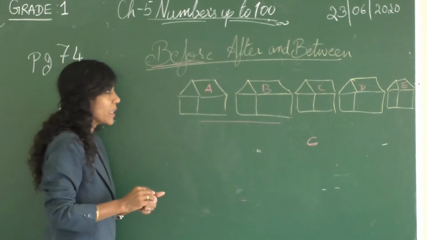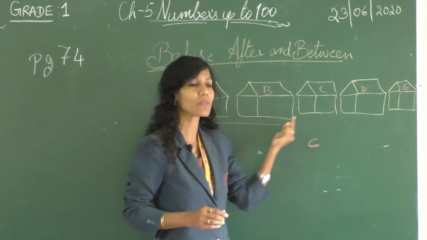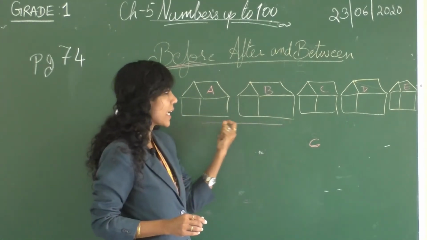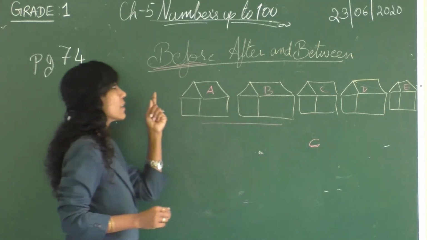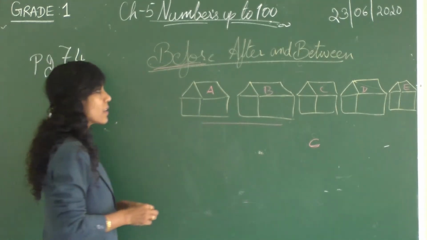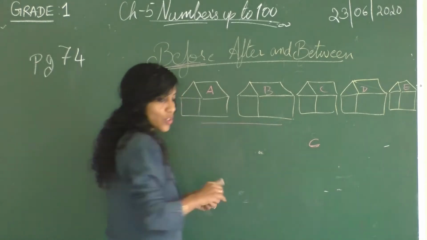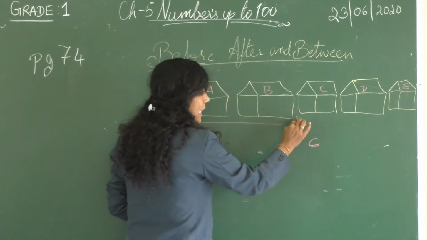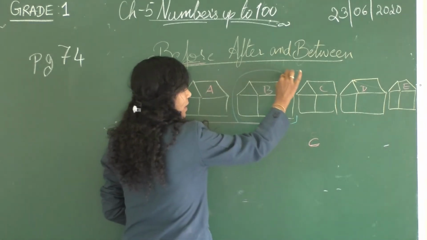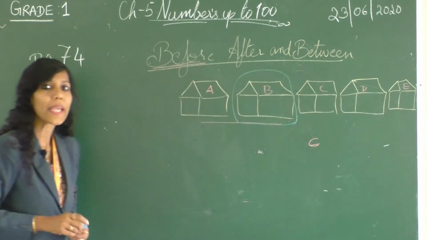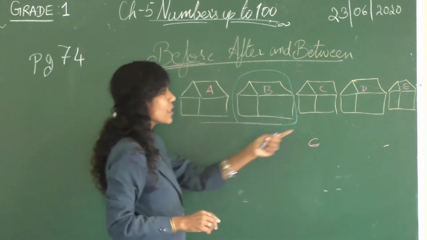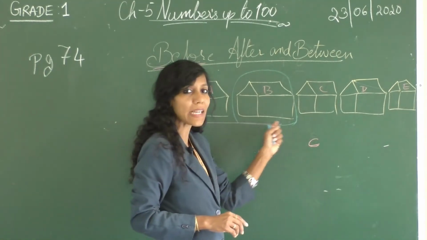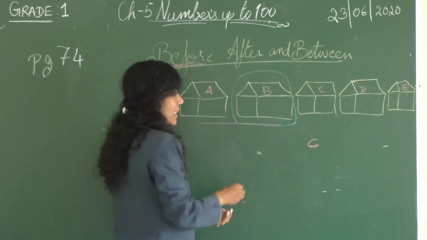When we are walking from here, we have 2 houses which come before C, that is A and B. But what we require is what is coming just before, exactly before C. So which is the house just before C? Yes, you are right, it is B.